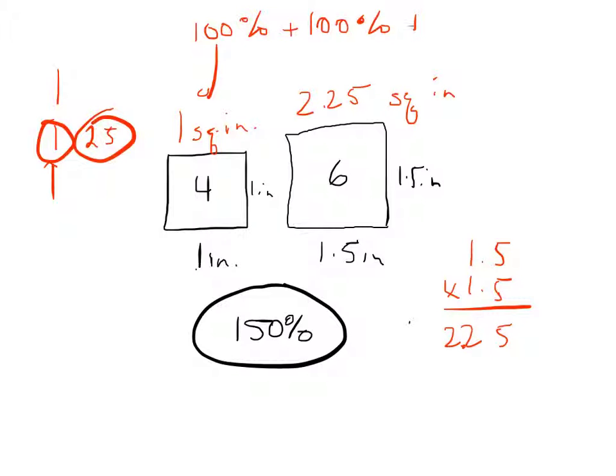And I've added another 25% over there. So in the end, the area is 225% larger than the smaller square. Okay? So it's a lot of math that I'm showing here. As time goes on, this will come much more easily and naturally to you.